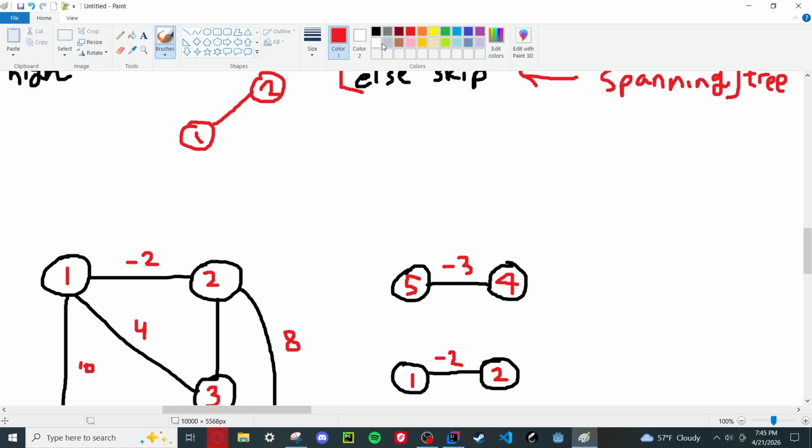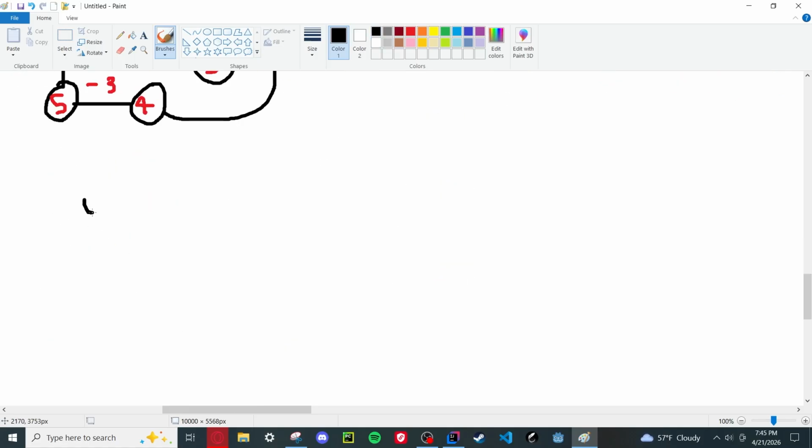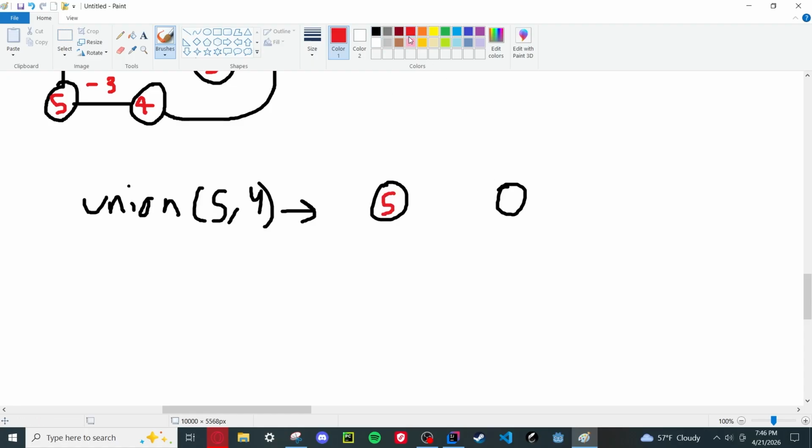How is this union? We're taking the union of 5 comma 4, which is giving us, right? Because before, you could kind of view 5 by itself, 4 by itself. We're unioning it.